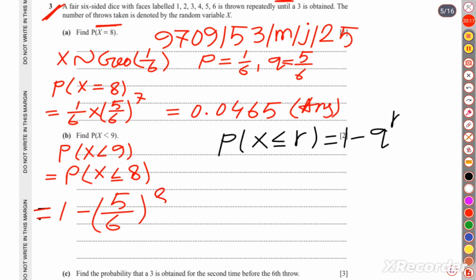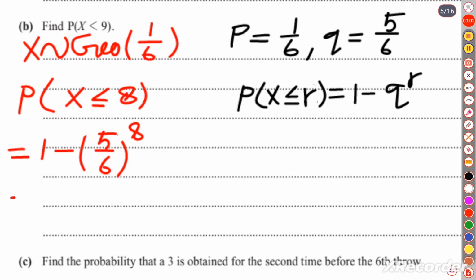That means among these 8 times, somewhere we succeeded, but the number of the throw is not known to us. That's why we apply this formula. So our final answer is going to be 1 minus 5 over 6 raised to 8, which is 0.767. That is our final answer.